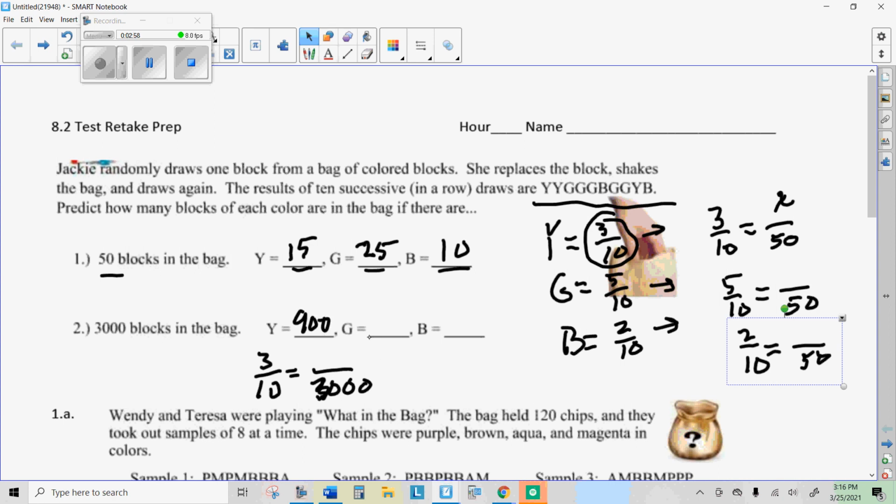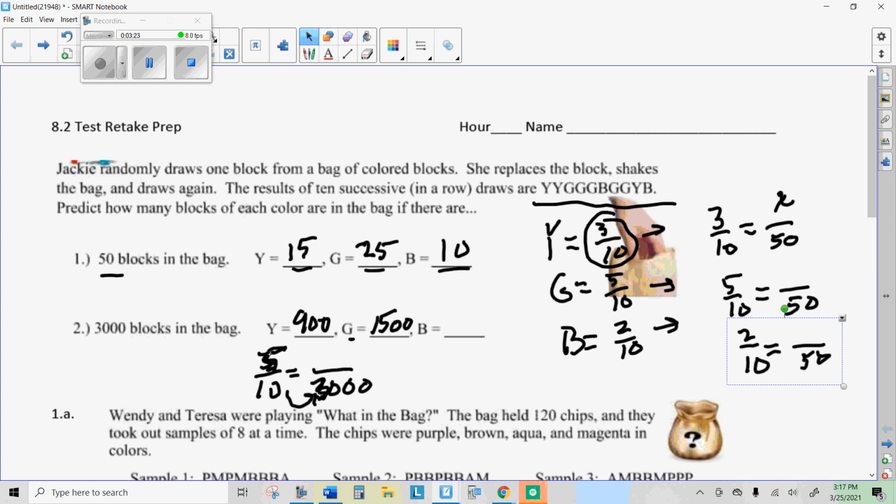And then to get the green, we would use the ratio for green, which is 5 out of 10. One shortcut I sometimes use is I figure out how many times I need to scale the 10 up to get 3,000, and then I scale the top number by the same number, which is 300 times bigger, which would make 1,500 green.